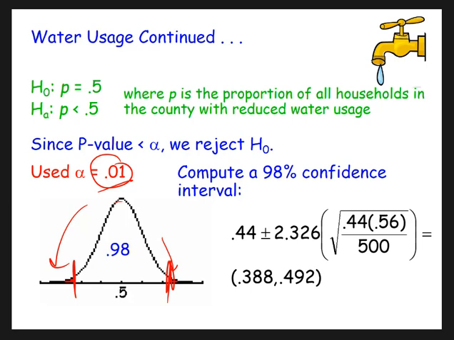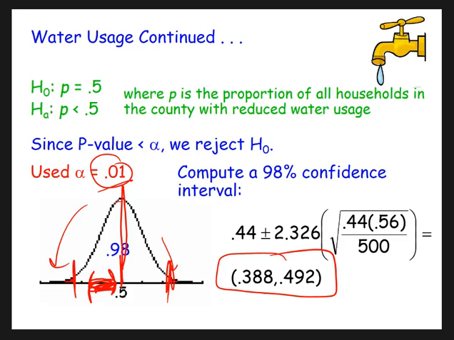So our 98% confidence interval goes from 0.388 to 0.492. Notice that 0.5 was our hypothesized value of the population proportion. The interval goes from 0.388 all the way up to 0.492, so that is way less than 0.5. The interval does not even go up to 0.5, so it is not possible.